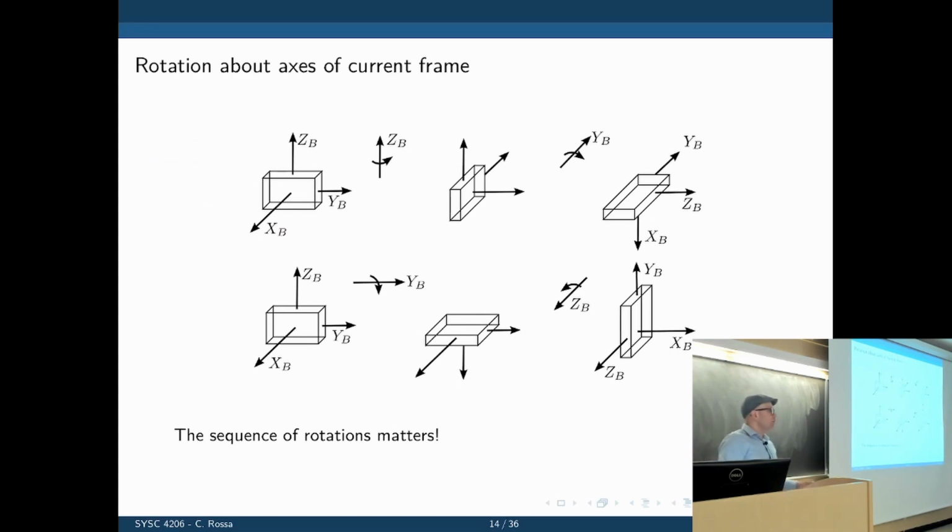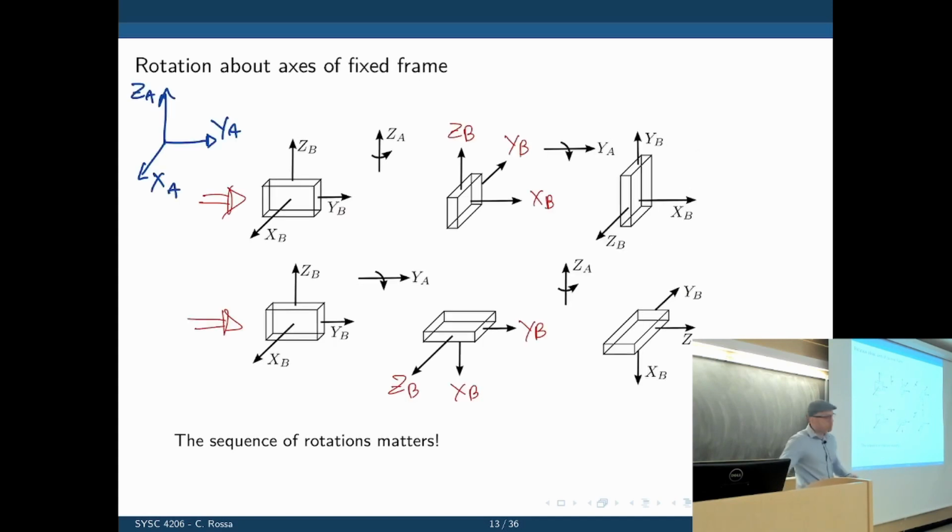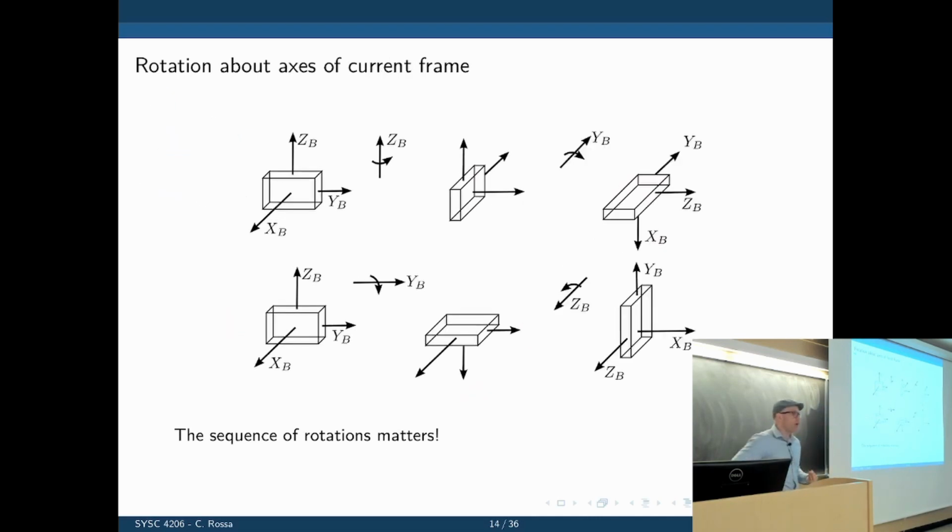Now let's try a different type of rotation. What we did before is that we had a fixed reference frame that I have on the top here, and all rotations occurred with respect to a static fixed frame. But we could, instead of rotating with respect to this fixed frame, rotate the frame around its current axis. Instead of rotating around A, we'll rotate around B. So the first one is the same.